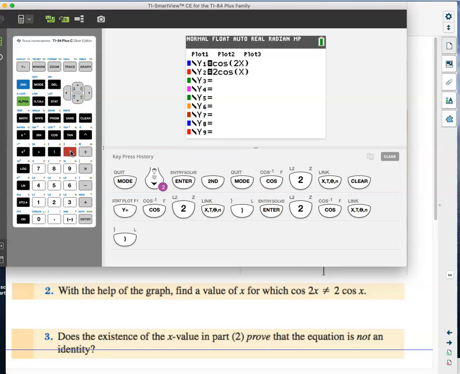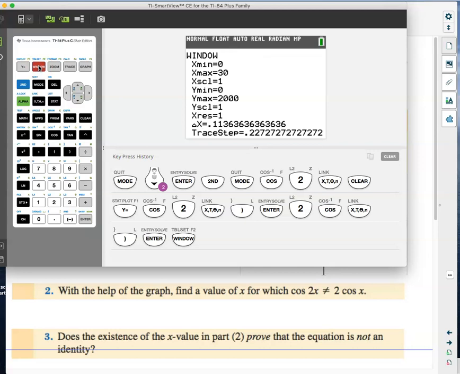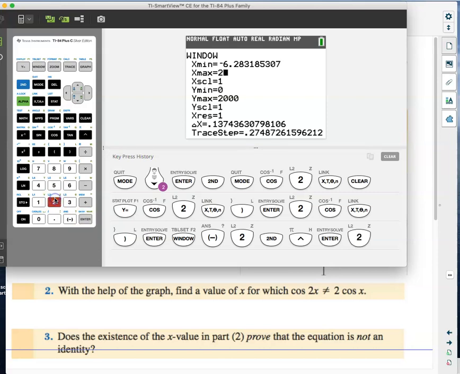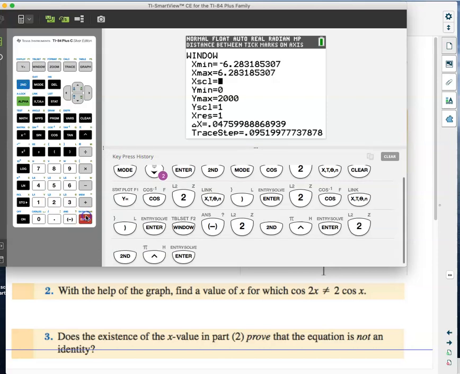That's not going to happen, because we know that the 2 in front is the amplitude, and the amplitude is different for these. So now I go to my window. Maybe I'll just take a look at negative 2 pi to 2 pi again. And I did see a 2 in the front, and we do know that's amplitude, so negative 3 to 3 should be fine for our y's.